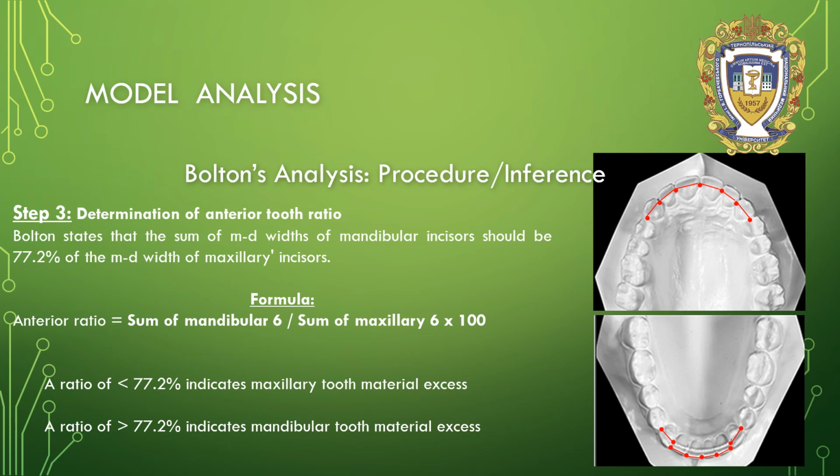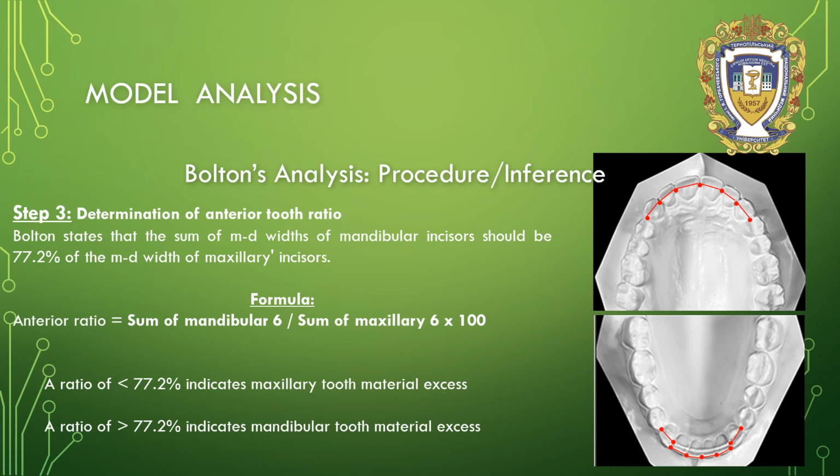In that case, the third step will be determination of the anterior tooth ratio. Bolton states that the sum of the mesiodistal width of the mandibular incisors should be 77.2% of the mesiodistal width of the maxillary incisors, and canines, of course. And the formula is: anterior ratio is the sum of the mandibular 6 divided by the sum of the maxillary 6 and multiplied by 100.